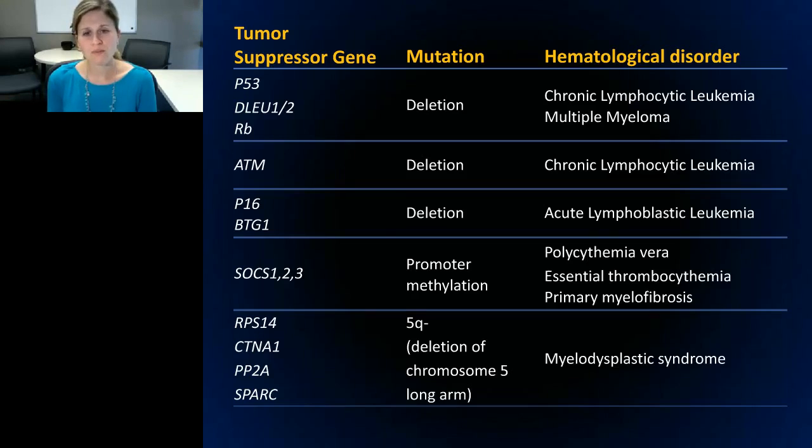Those can be shut down. And then there might be large regions of deletions in large portions of chromosomes, all of which are going to be leading to the loss of particular genes or the change in the sequence of other genes. And the hematologic disorders are listed to the right here.